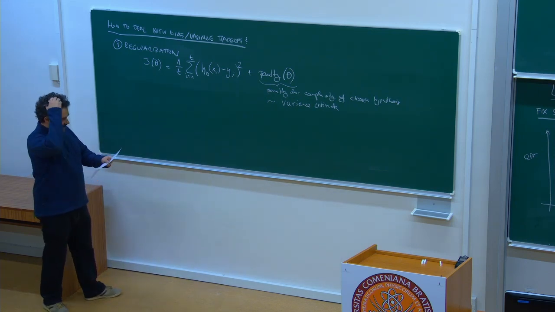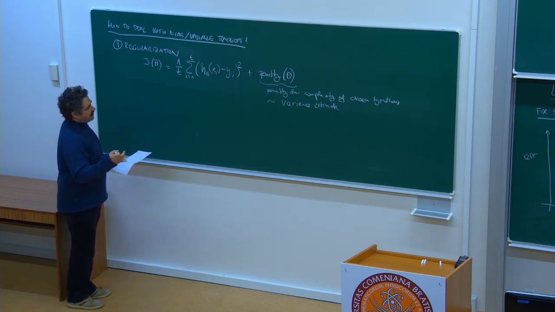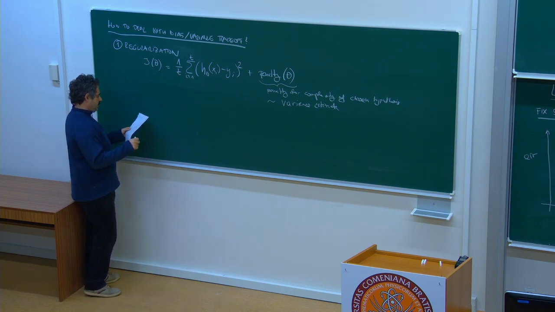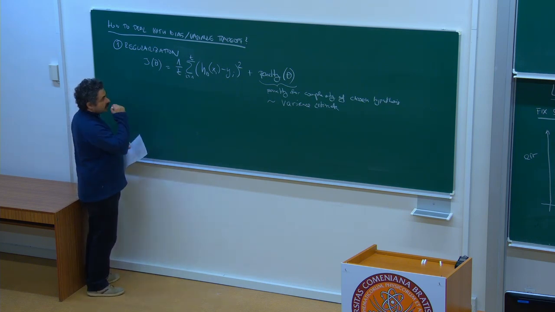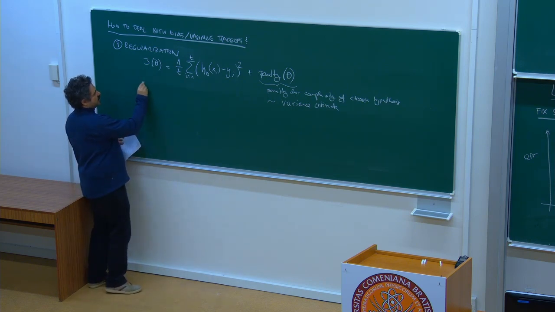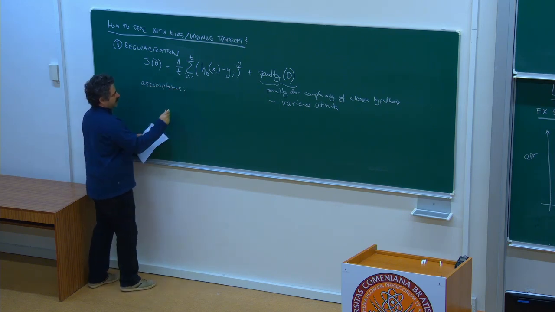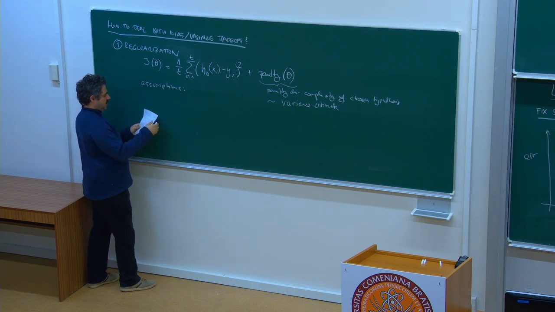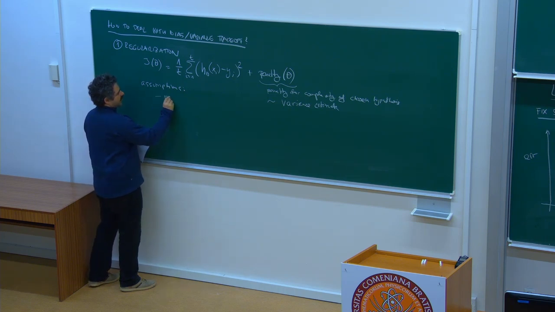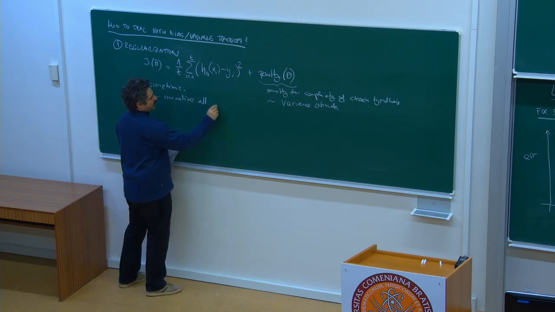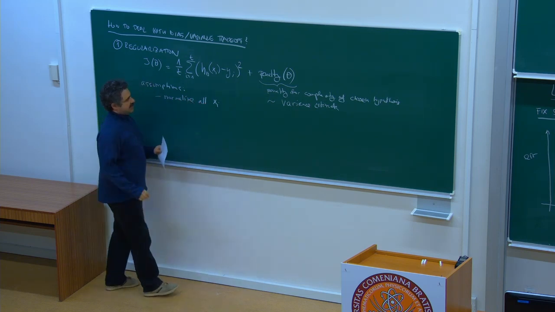Okay. And so for linear regression, there is a practical solution that has been developed. There are some assumptions that we are working with right now. So first of all, normalize all x_i's.